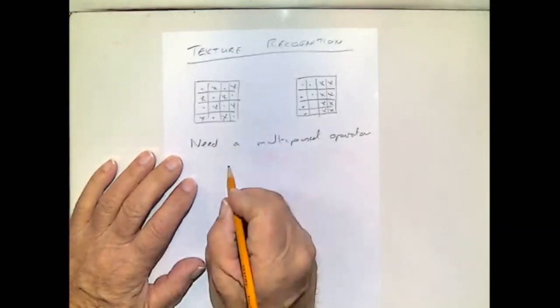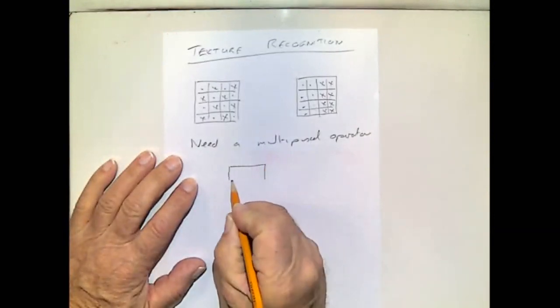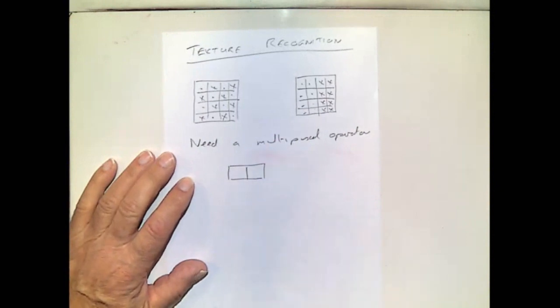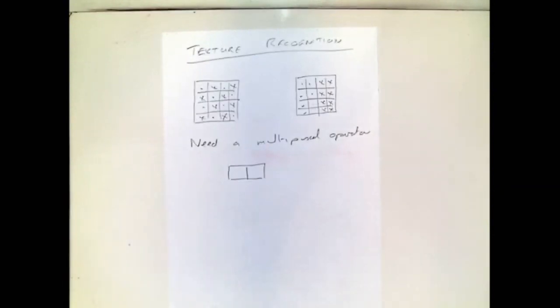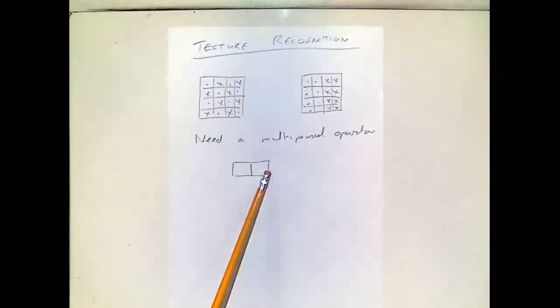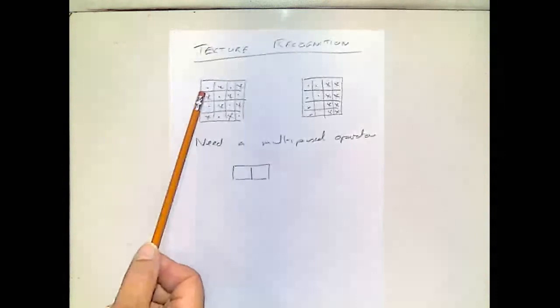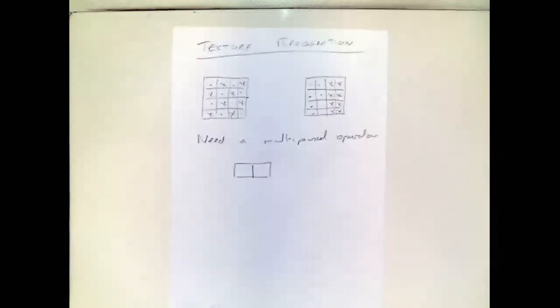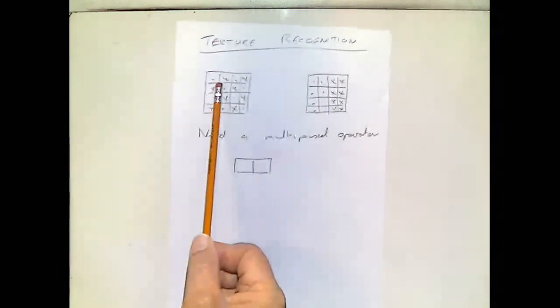And so let's take an operator with 2 pixels. And we're going to use that operator to scan the textures. But we are not, in this case, going to correlate, i.e. multiply coefficients in here with the image. We're not going to do that as we've done with edge detectors. What we're going to do is we are going to record, note, the values under the operator.